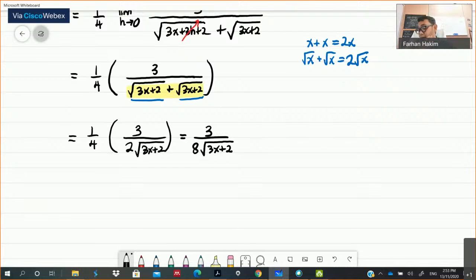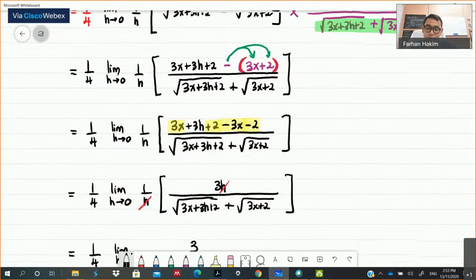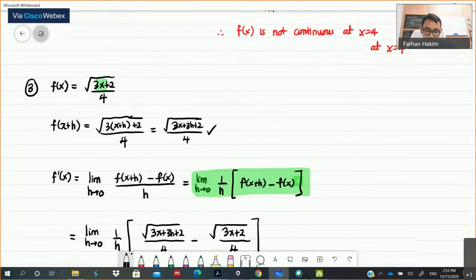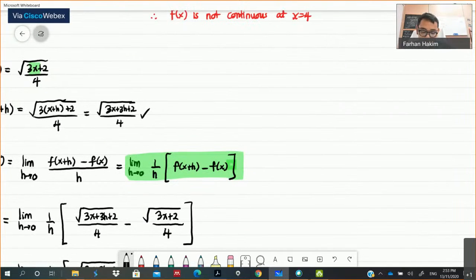To check if your working is correct or not, you can actually try to differentiate this function using whatever technique you have. All right, so let's try to differentiate. Firstly, f(x) is given by 1 over 4 square root of 3x plus 2. I'll put 3x plus 2 to the power of 1 over 2.